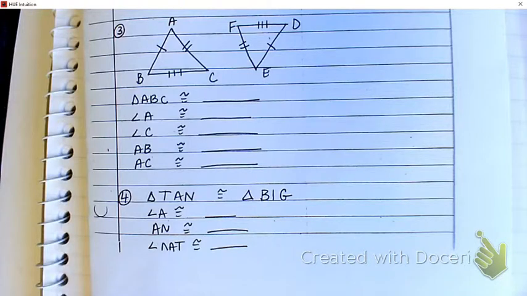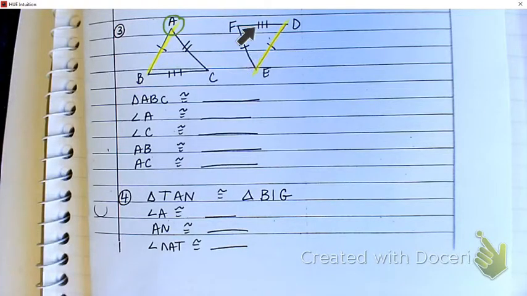This one is different, because it doesn't have marks on the angles, so it's a little harder to think about. What I do whenever I'm trying to figure it out is start with one of the sides. I see that AB is on the side with the one little line, and over here DE is on the side with the one little line. Well, A is between the 1 and the 2.